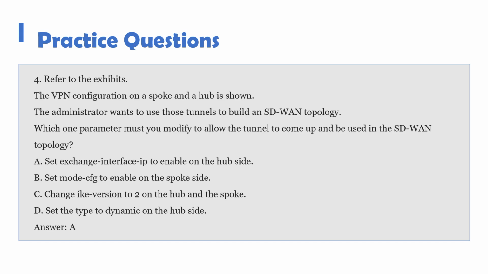A. Set exchange interface IP to enable on the hub side. B. Set mode CFG to enable on the spoke side. C. Change IKE version to 2 on the hub and the spoke. D. Set the type to dynamic on the hub side. Answer: A.